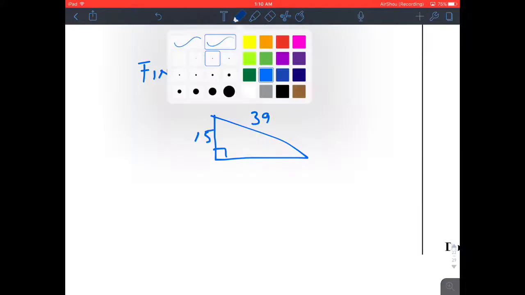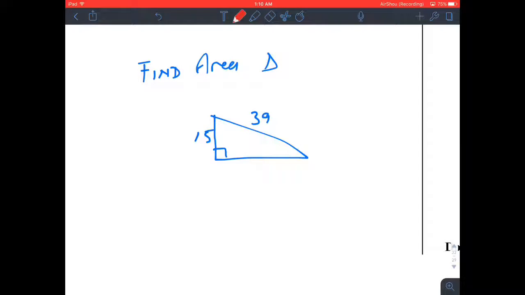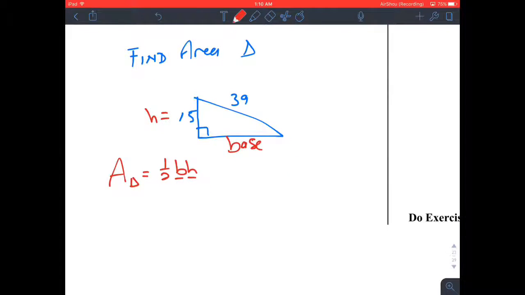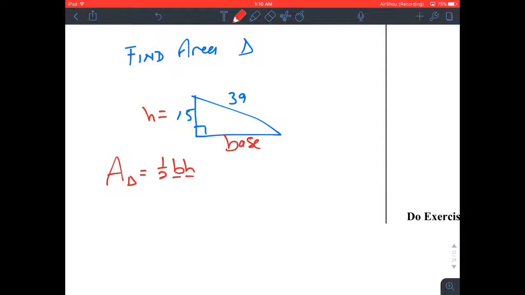I don't know if we've mentioned it yet, but to find the area of a triangle, there are many formulas. One of them is 1/2 the base times the height. The base and height must be perpendicular to each other. So if we call this the base, that means 15 has to be the height. We don't know what the base is. Well, if we use the Pythagorean theorem, we can find out what that is.